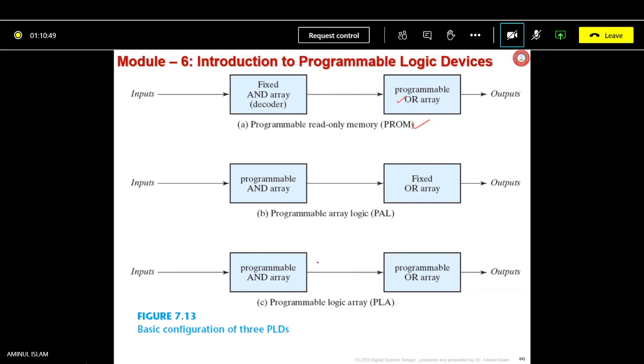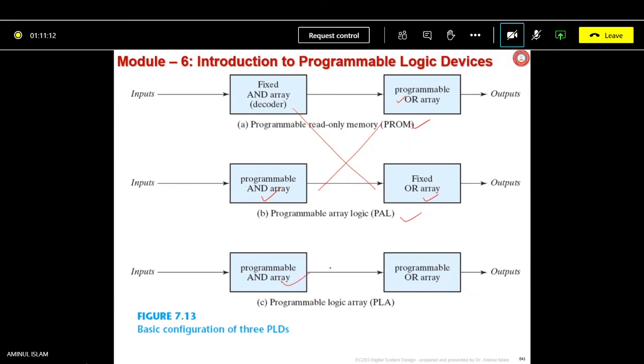You cannot program it. In PAL, programmable array logic, the OR plane is fixed. That's the reverse case: OR is fixed and the AND plane is programmable. It is the reverse case. It was earlier not programmable, and it is now fixed like that.